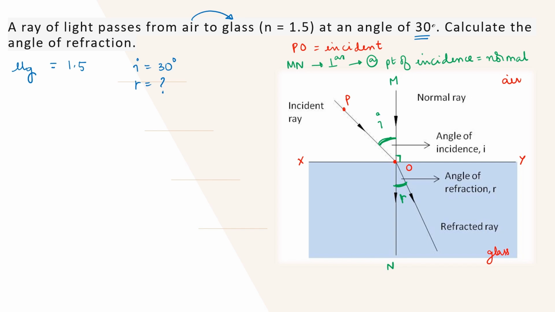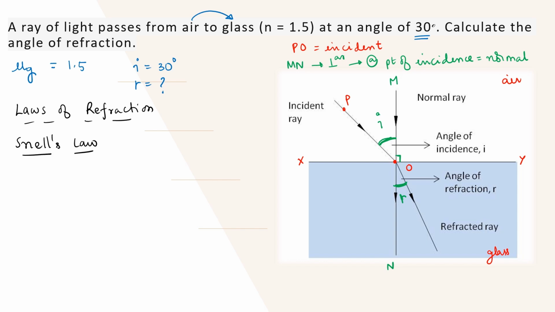If you have understood this, then there are some laws of refraction, like there were laws of reflection. In that, one law is important here. That law is called Snell's law. This law has been established experimentally, so we have to understand what this law is.